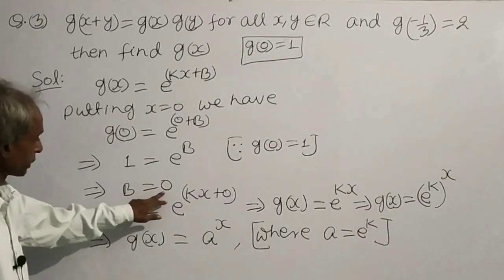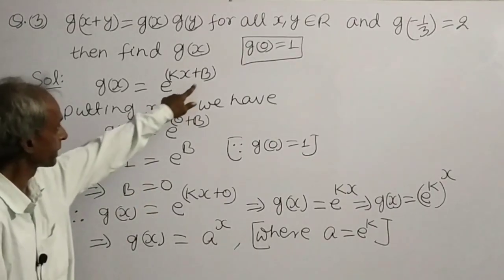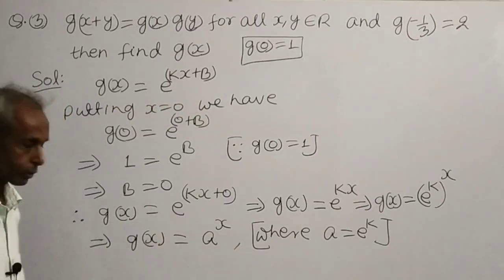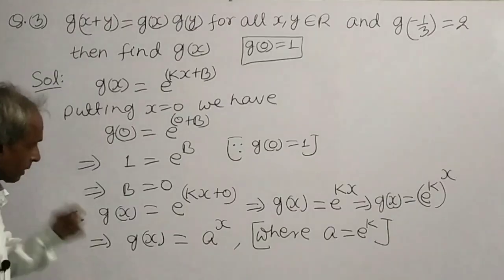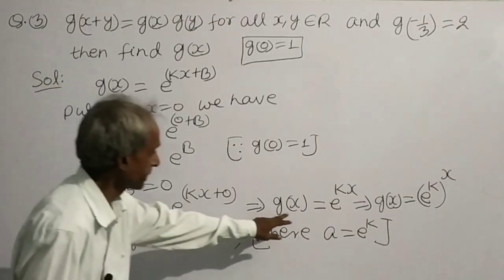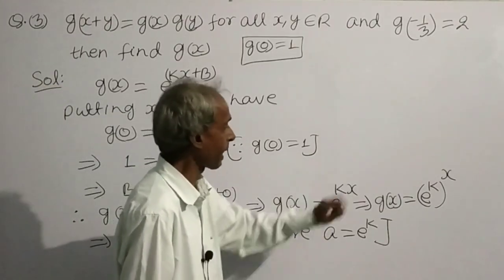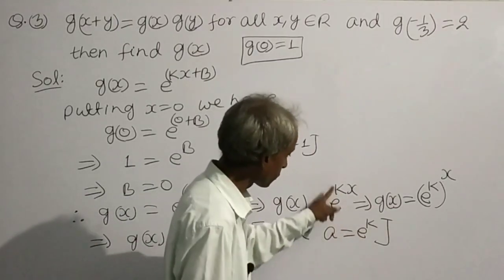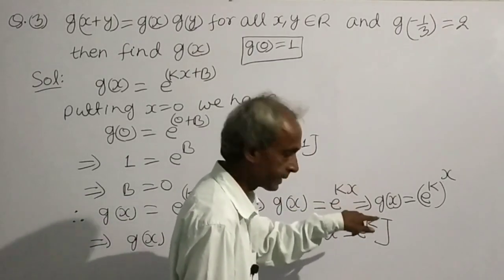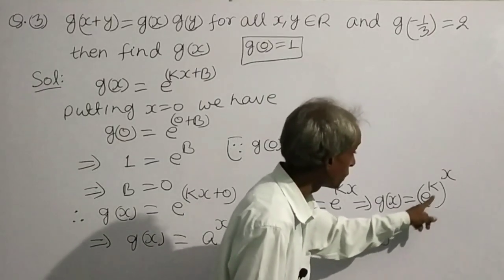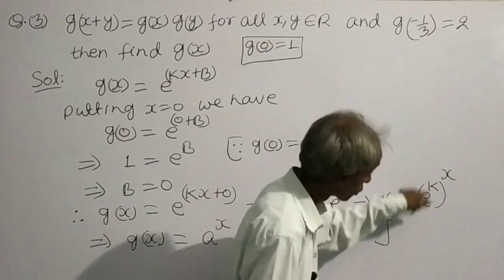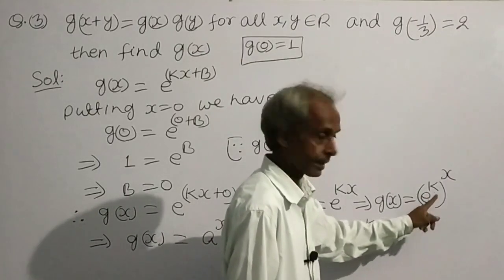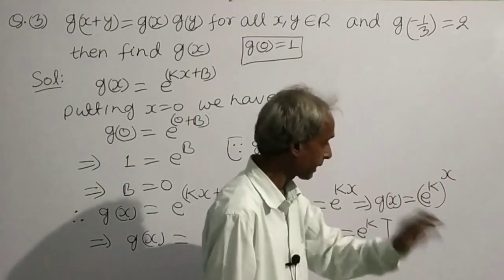When we put 0 in place of b here, then we get g(x) is equal to this. That means g(x) is equal to e to the power kx. This can be written as e to the power k, to the power x. e is a constant and k is also a constant.